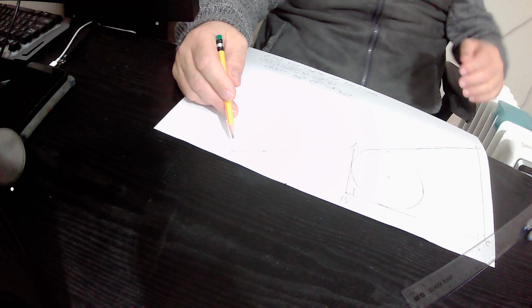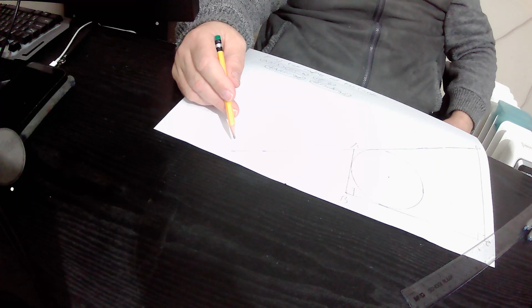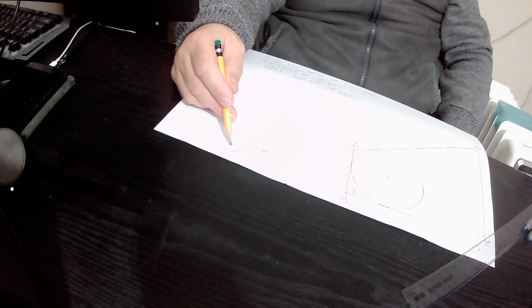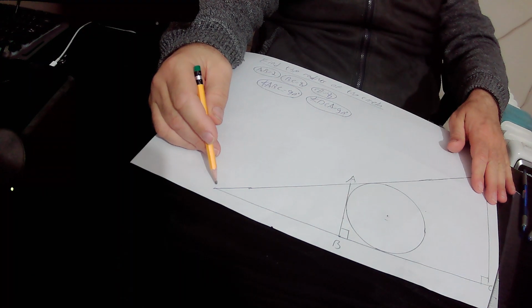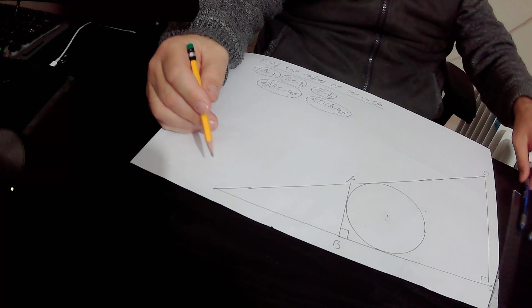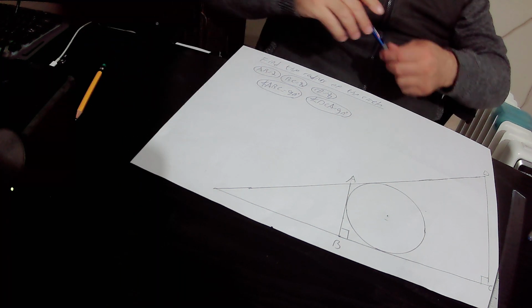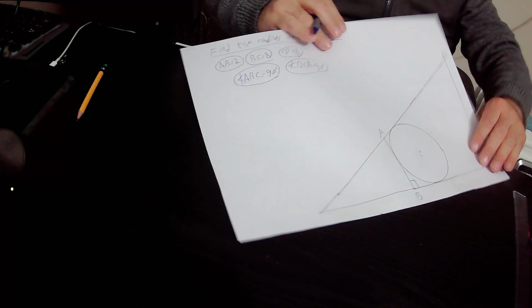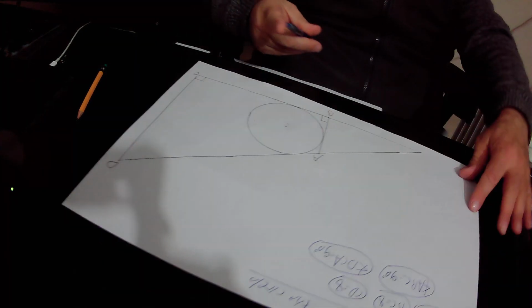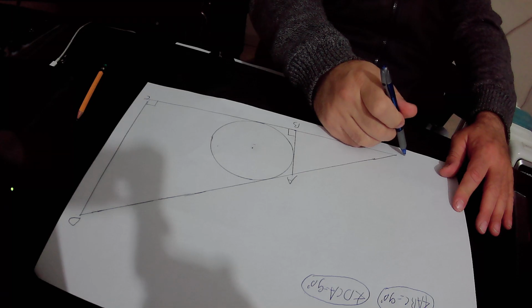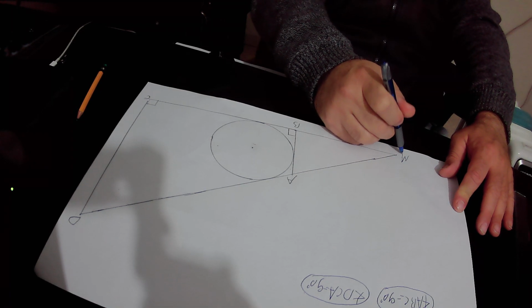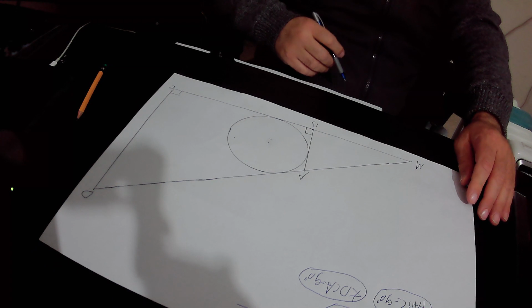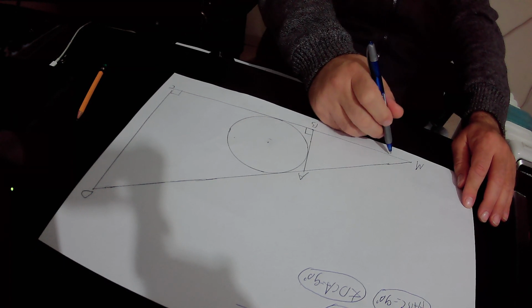So this is their touching point. We define their touching point as M. We define this angle as theta.